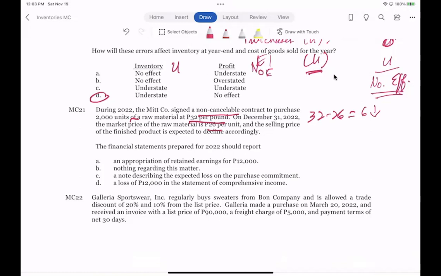Therefore, your entry is to debit loss on purchase commitment, credit estimated liability on purchase commitment, as discussed in the video lecture. So that is for 2,000 at 6, so that is 12,000. The financial statements prepared for 2022 should present a loss in the statement of comprehensive income amounting to 12,000 and should report a liability in the statement of financial position amounting to 12,000. Therefore, it's letter D.